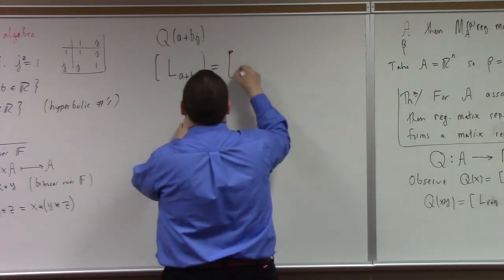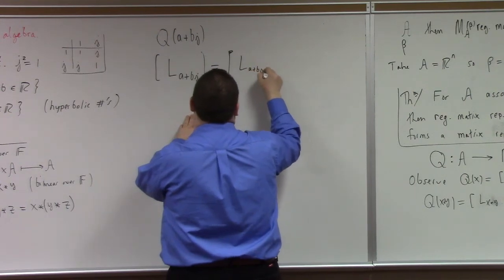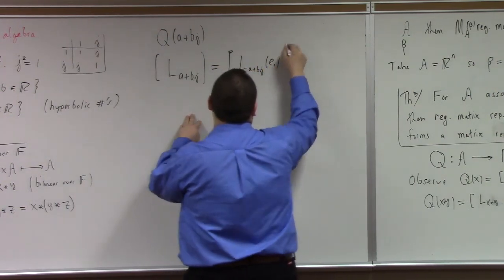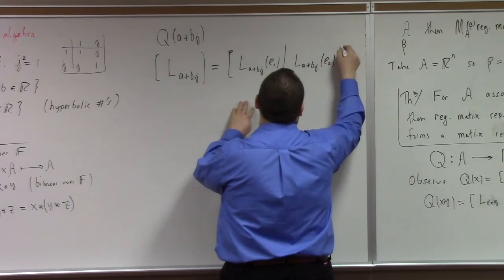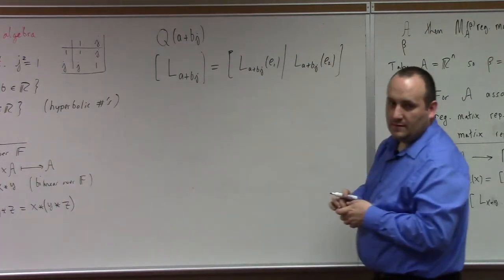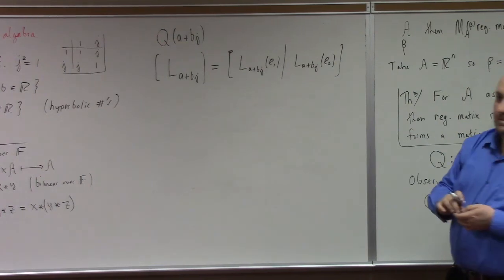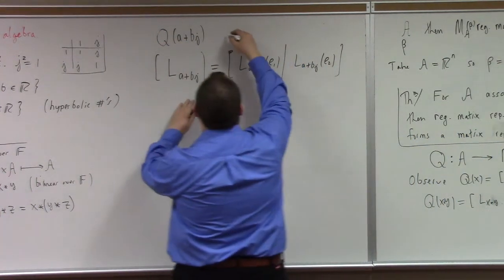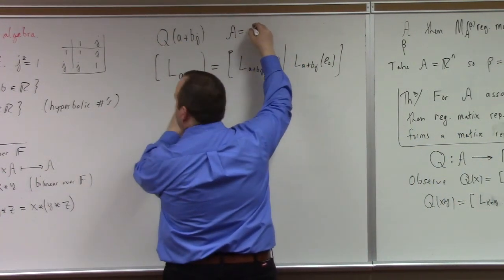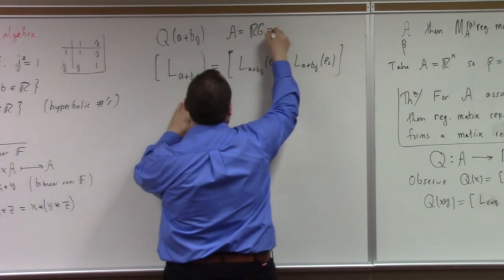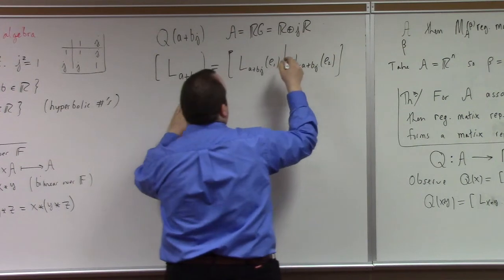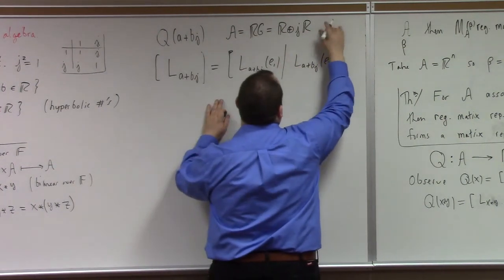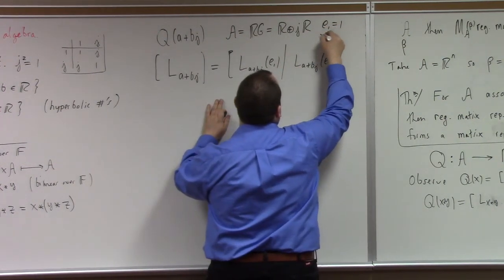This would be L of A plus BJ on E1, L of A plus BJ on E2, right? That's the standard matrix. But here we're looking at A equal to RG, which we could also write as R direct sum JR. So basically, we're using the convention here: E1 is 1 and E2 is J.